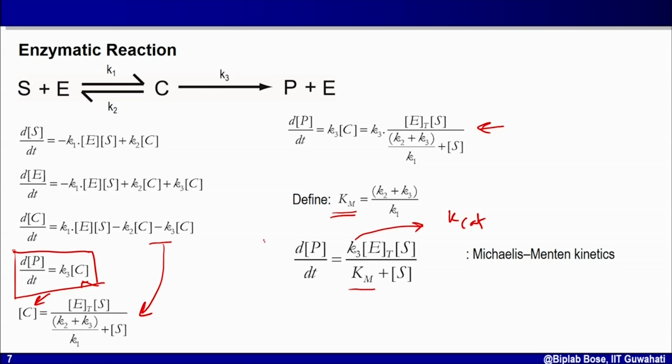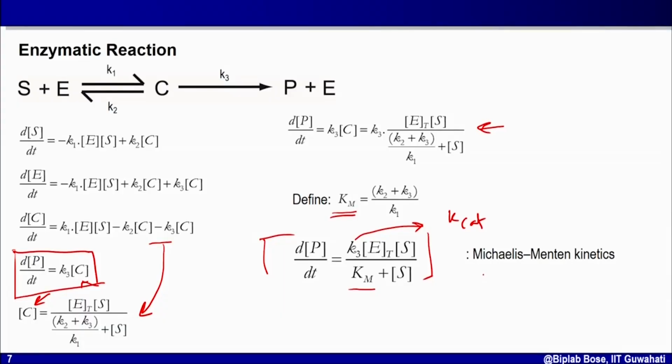This whole ODE is essentially the ODE for the product formation if I consider those two assumptions, that the substrate is much more than the enzyme and C is in a quasi-steady state. And this kinetics is called Michaelis-Menten kinetics.